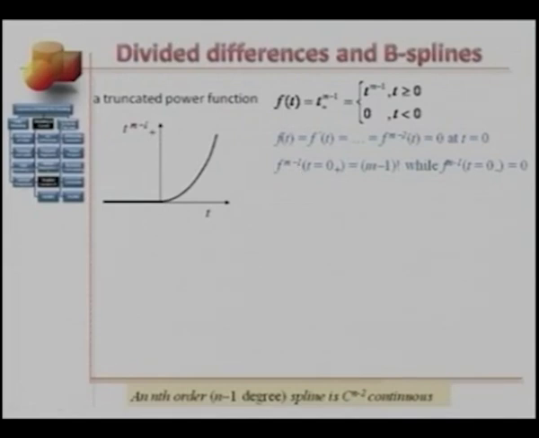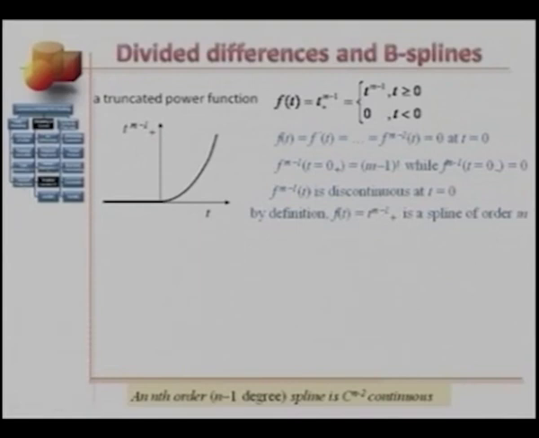In other words, this function is not C^(m-1) continuous at the junction point. Let's look at this statement very carefully: an nth order spline is C^(n-2) continuous. Would this truncated power function satisfy this definition of a spline? Yes. By the definition of spline, this truncated power function f(t) = t_+^(m-1) is a spline of order m.